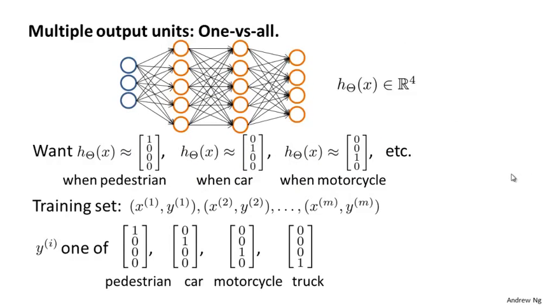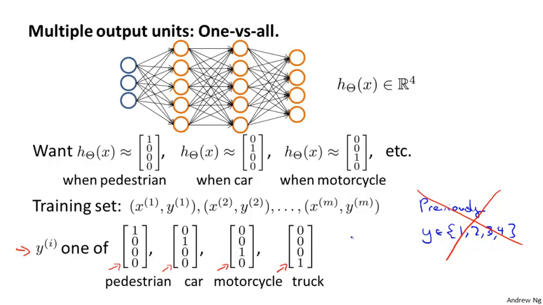When we have a training set with different images of pedestrians, cars, motorcycles, and trucks, whereas previously we had written out the labels as y being an integer from 1, 2, 3, or 4, instead we're going to represent y as follows: y_i will be either 1000 or 0100 or 0010 or 0001, depending on what the corresponding image x_i is.